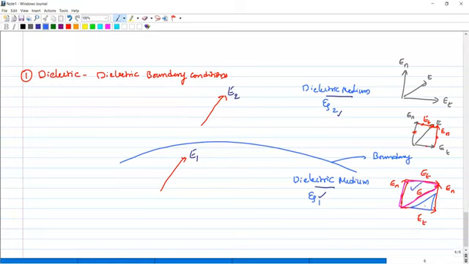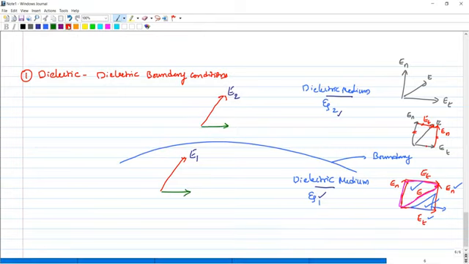You can go with this triangle or you can go with that triangle. For simplicity, I will use the lower triangle to draw the tangential component as well as the normal component. First I will draw the tangential component. The tangential component should be parallel to the boundary. So here I am drawing the tangential components of E1 as well as E2.